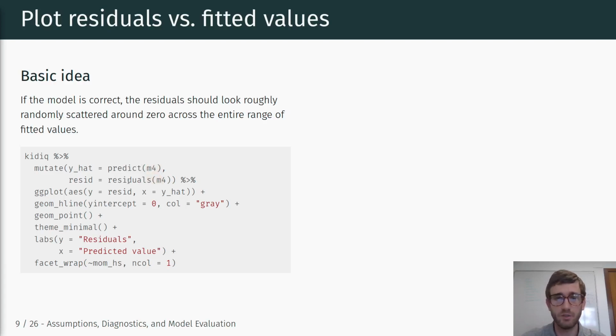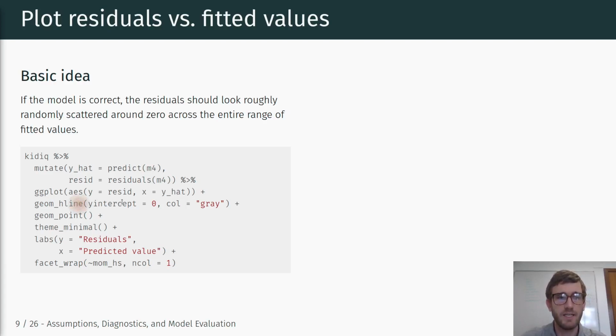And we're just adding those to our original data frame. Okay, and then we're adding a ggplot call where the mapping for the y-axis is the residuals, and for the x-axis is y hat, so the actual predicted or fitted values, so to speak.